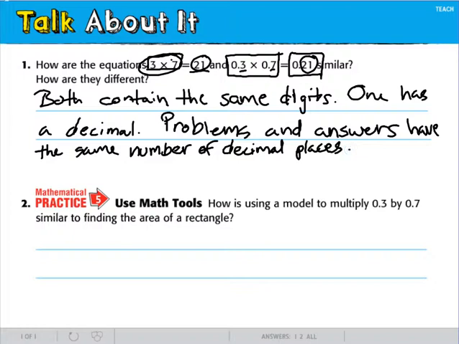All right. Our next one, it says, use math tools. How is using a model to multiply 3/10 by 7/10 similar to finding the area of a rectangle? First of all, can anybody tell me what the formula for finding the area of a rectangle is?